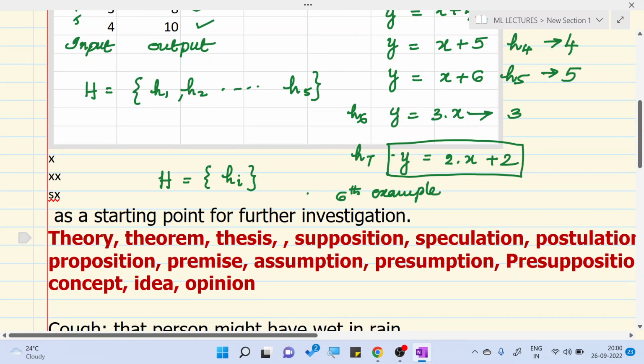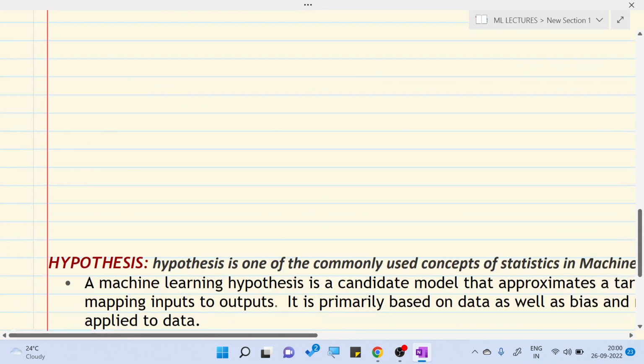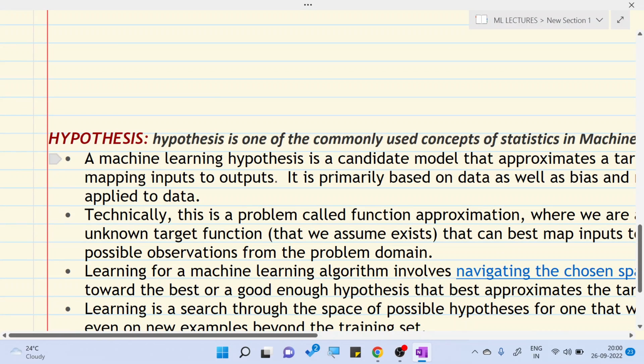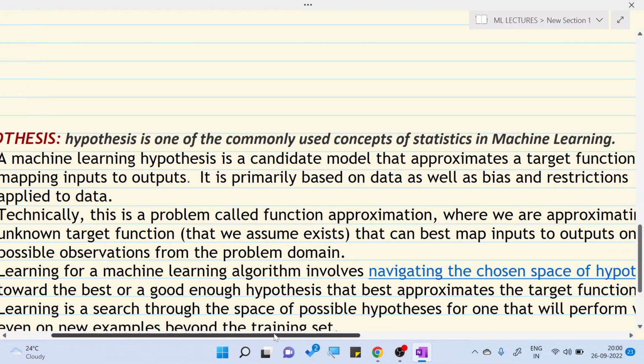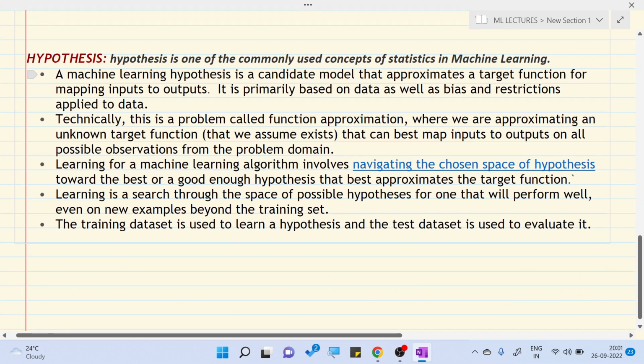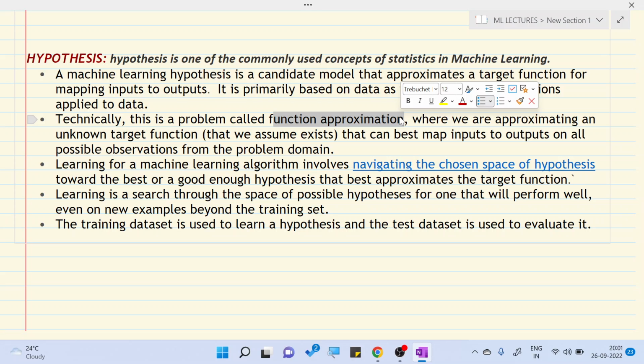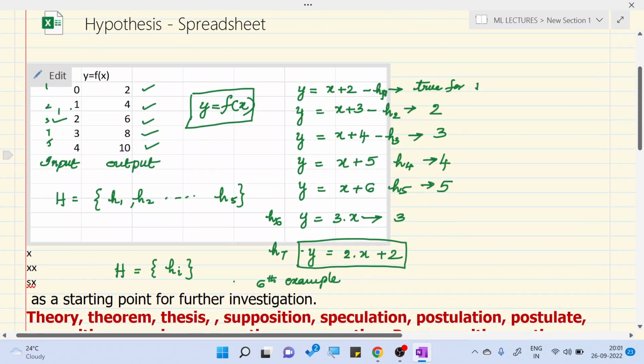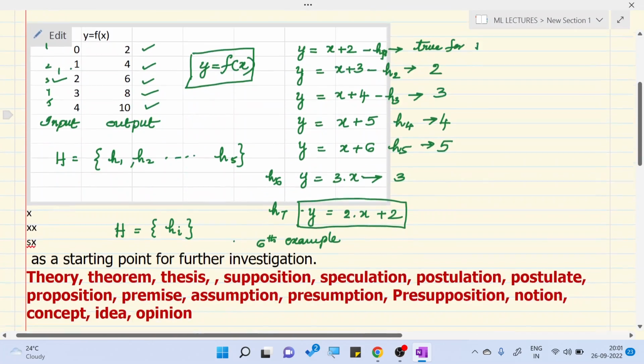So here we have to see that a hypothesis is a model that approximates a target function, mapping inputs to outputs. So this is called function approximating. We are formulating the relation between the x and the y based on the given examples. Now we have here 5 examples.